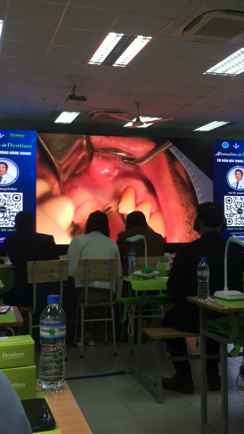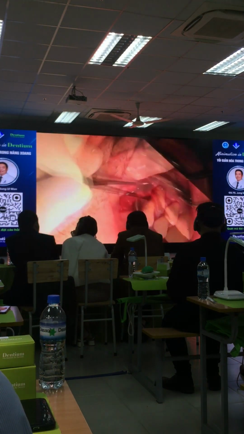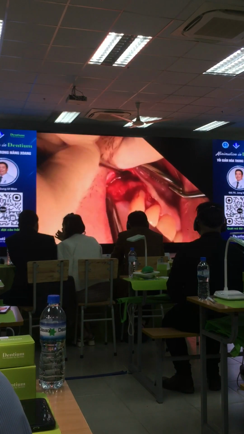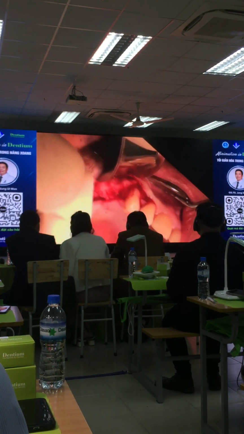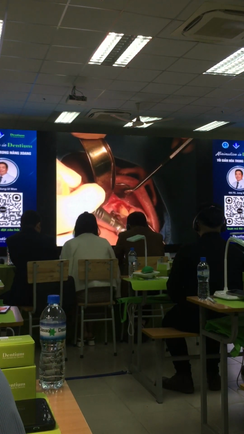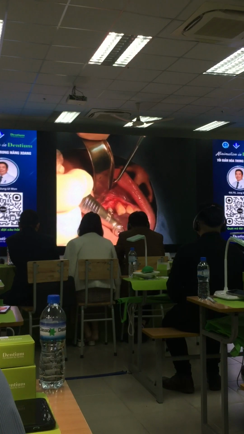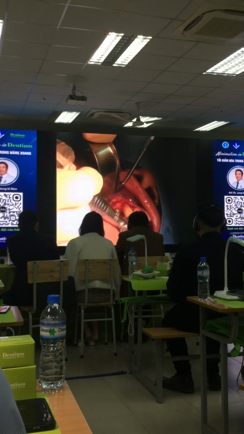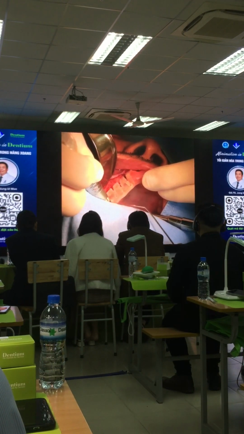Let me show the video clip for such a procedure. A horizontal incision was made for flap elevation. It was extended to the neighboring papilla, which is enough for access when using this technique. No need to make a vertical incision.